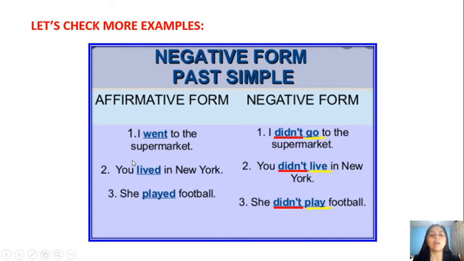For regular and irregular verbs, we are using didn't and the verb in base form. That is the way we are going to work today. And of course, we are going to have more exercises and examples also. So please pay attention to your English class and let's continue working together.